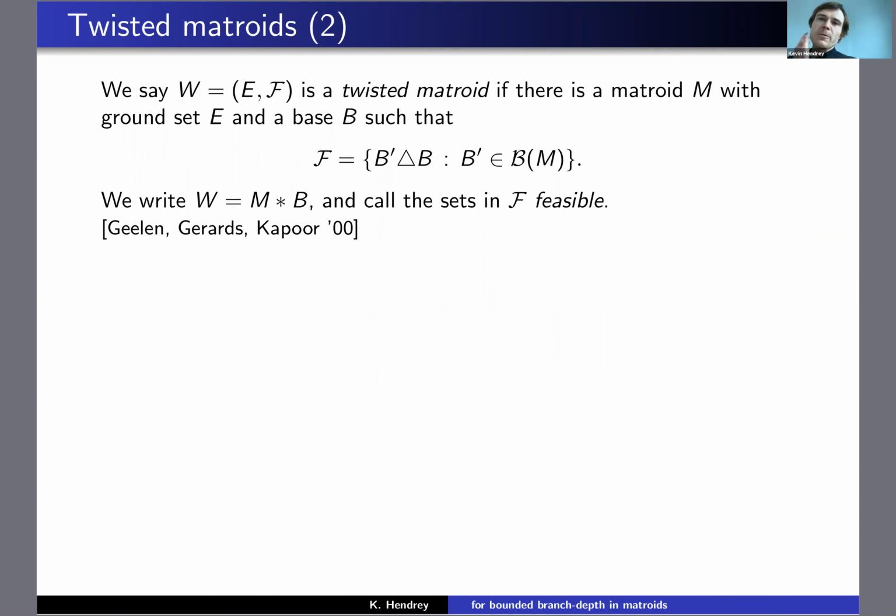So we say that W, consisting of a ground set E and a collection of subsets F, is a twisted matroid if there's some matroid such that the ground set of the matroid is also E, and F consists of all the sets B prime symmetric difference B for all of the bases B prime of the matroid.